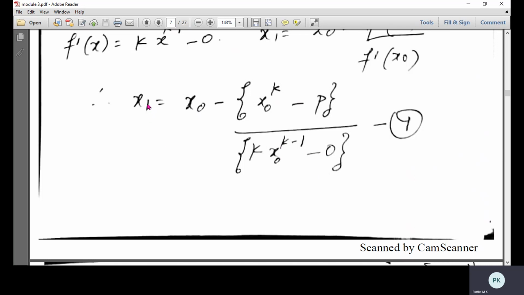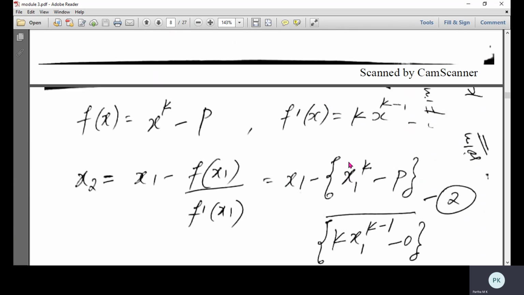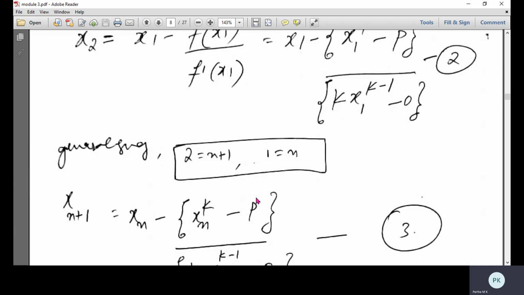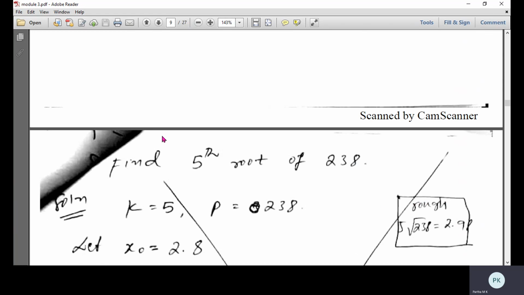Similarly x3 is equal to x2 minus x2 to the power k minus p divided by k into x2 to the power k minus 1. So that is about the generalized formula.